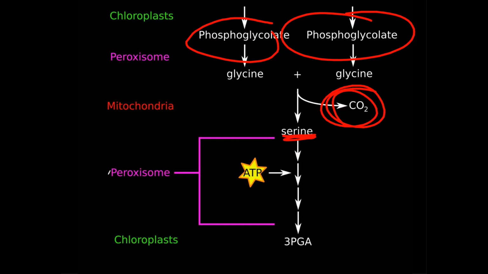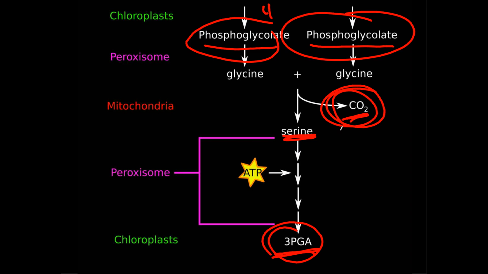And then this serine, then through a series of steps in the peroxisome and some input of ATP, becomes a 3-PGA again. Not great. So we started off with 4 carbons here because we have 2 carbons in this phosphoglycolate, 2 carbons in this phosphoglycolate, and we end up with a 3-carbon molecule having lost our CO2.